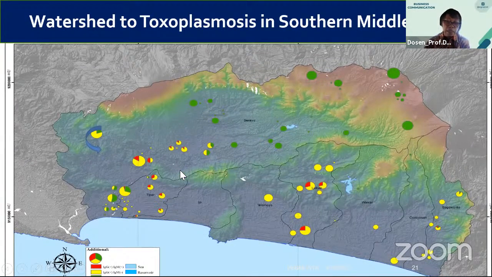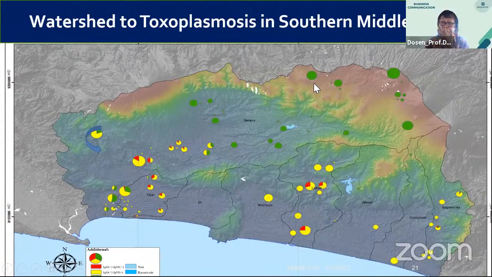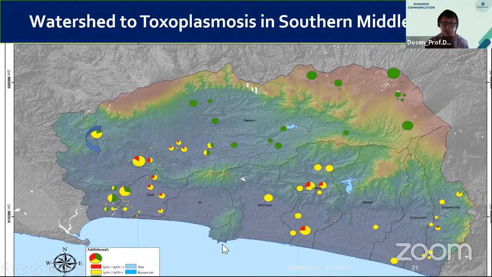The disease spread to that region, and using GPS we identified the disease even in the highland area. We collected samples in the district here, but we don't have a problem with toxoplasmosis in that area. But in the area along the river, we get positives in the population over there.